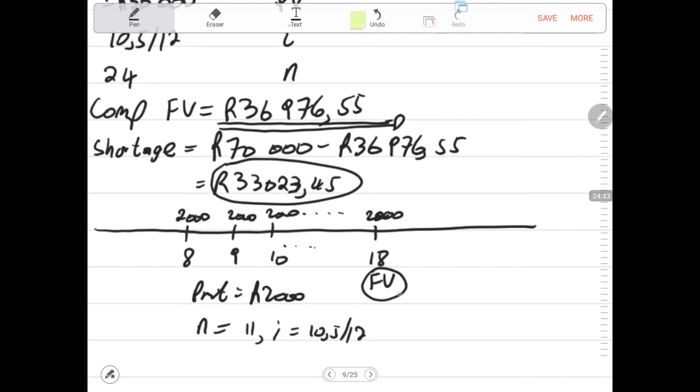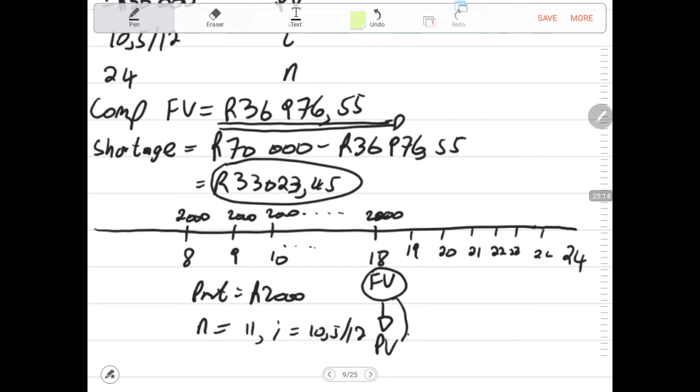Now remember, this future value will always be converted to become the present value. Why? Because our focal date is month 24. We still need to go there. So this amount becomes present value. Then it will earn interest now without any payment, from month number 19, 20, 21, 22, 23, and month number 24.